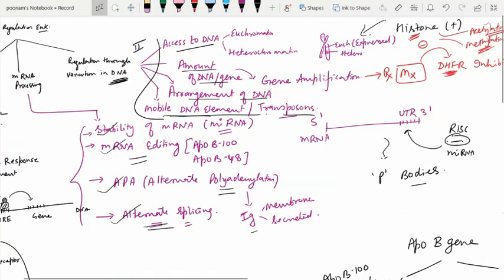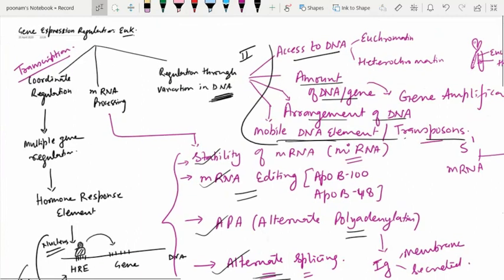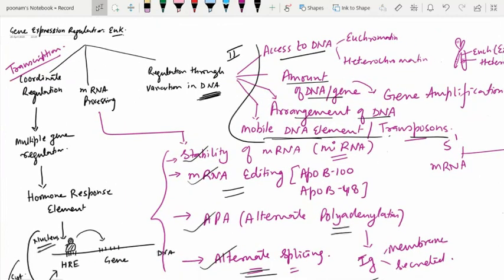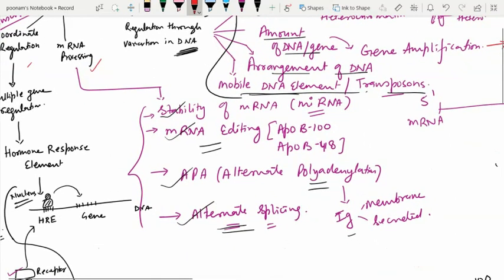So in eukaryotes, I will summarize, the regulation of gene can be discussed at the level of transcription, where I discussed the hormone response element, and it's a coordinated regulation because one particular factor has an impact on a number of genes.